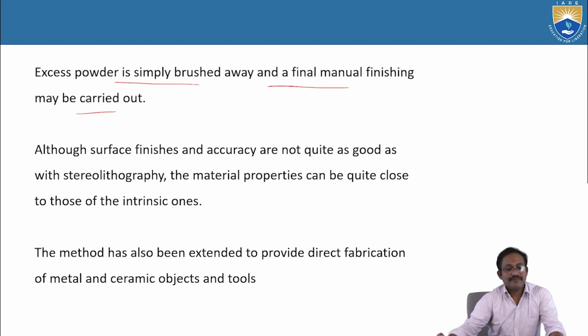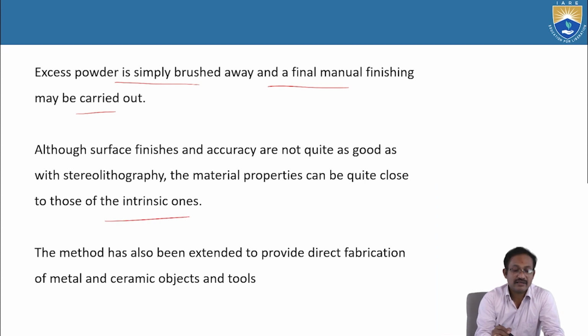Next, although surface finishes and accuracy are not quite as good as with stereolithography, the material properties can be quite close to those of the intrinsic ones.